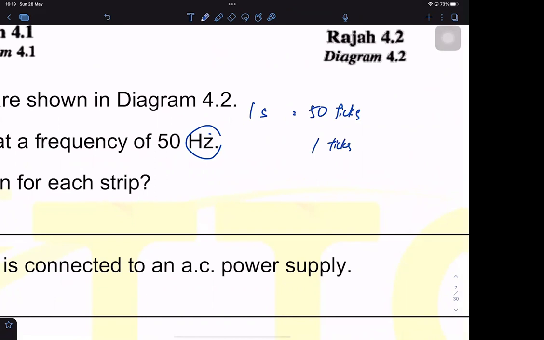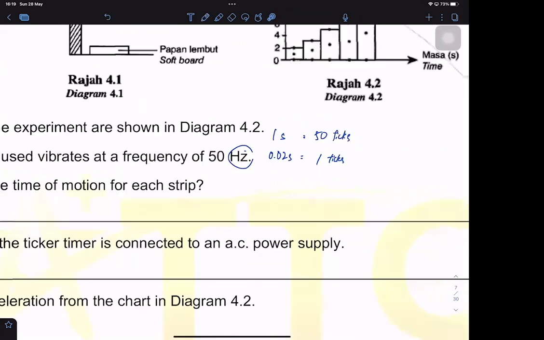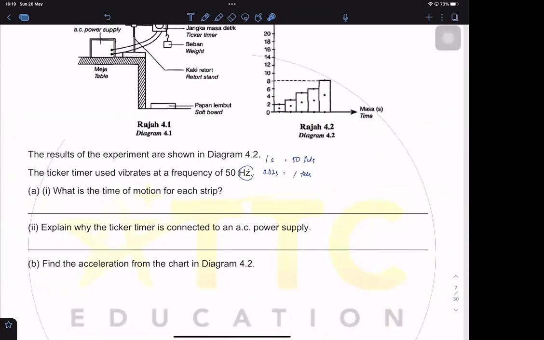If 1 second is 50 ticks, 1 tick will be 1 divided by 50. You get 0.02 seconds. So that is how we got this number just now. In case you're wondering why one jump is always 0.02, it's because most of the time we use 50 hertz.